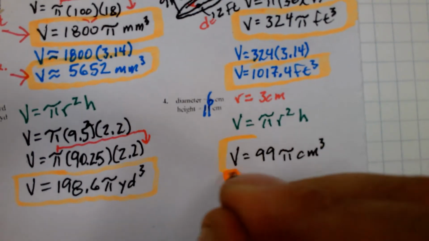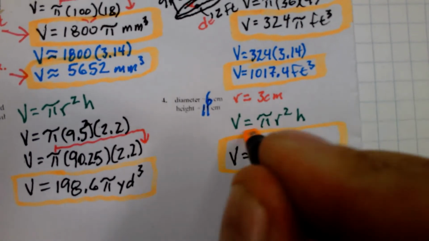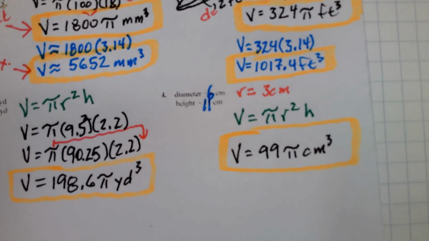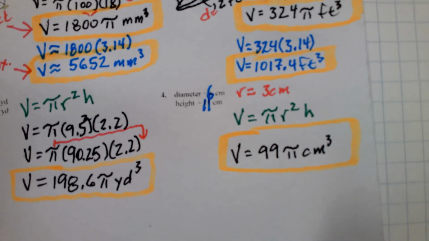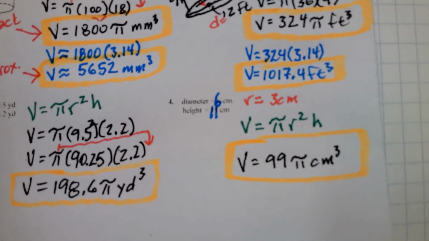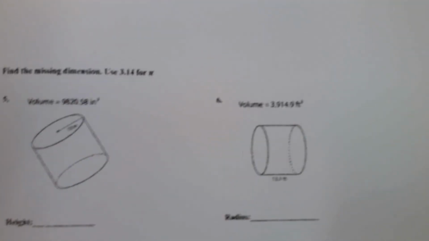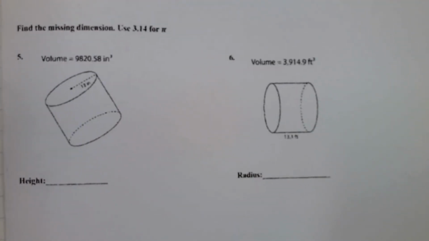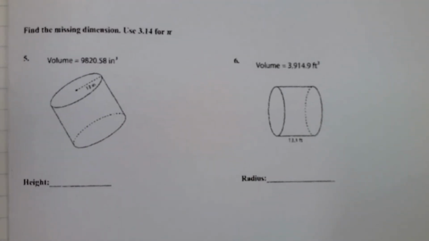And then if we wanted an approximate answer for whatever reason, we would multiply that by 3.14. Any questions? Okay, 2 more things to do and then we're done. Let's go ahead and flip this to the next page. And on the back here, we are going to use 3.14 for pi.